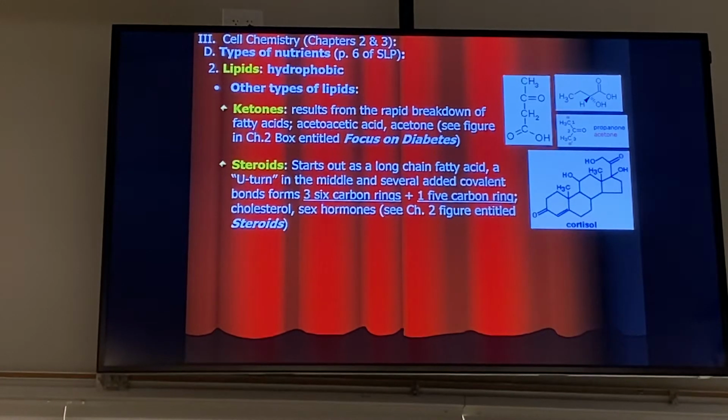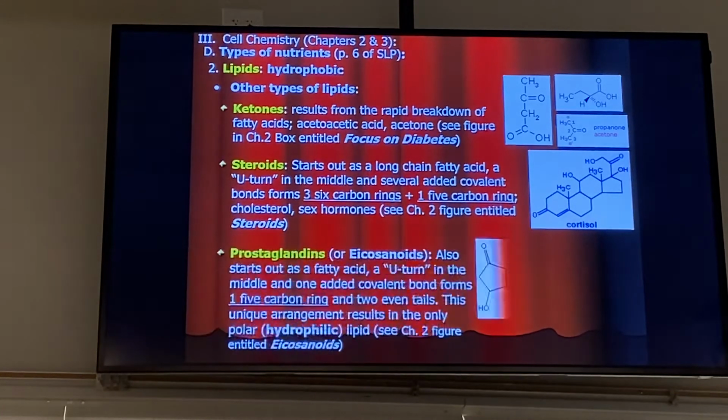So you end up with 3 6-membered rings and 1 5. Do you see that in the picture? 3 6-membered rings, 1 5. It used to be one long fatty acid. And that's a steroid. But that's why steroids are hydrophobic.